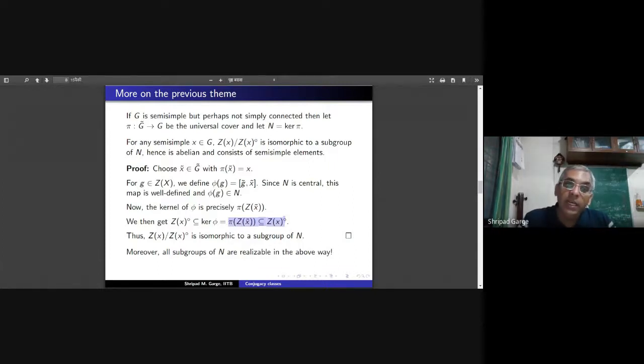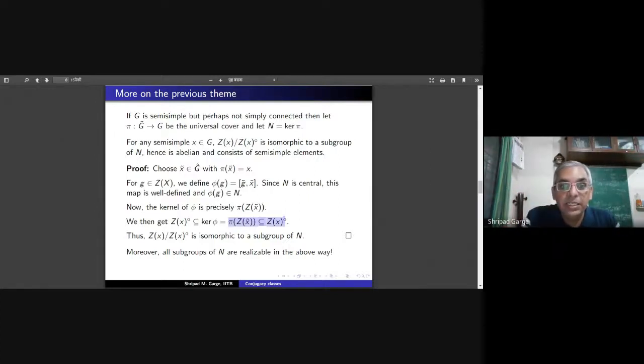On the other hand, your phi is a map from the group Gx, the centralizer, to a finite group. Capital N is a finite group. And when you have a finite group, its connected component of identity is the trivial element. Therefore, Gx naught, which is a connected group, can go only to the trivial element.